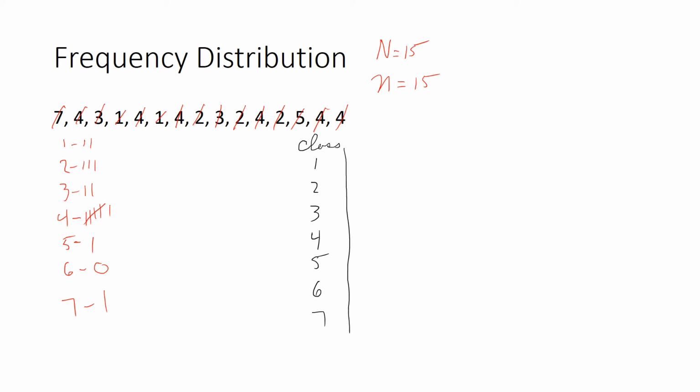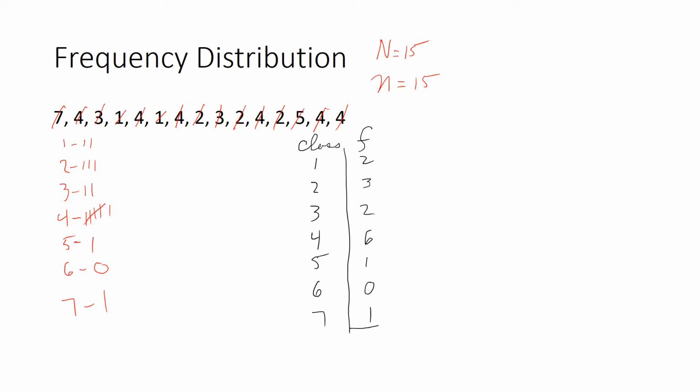And the next column is going to be the frequency. We indicate frequency by an F. As basic as this seems, we want to convert the stroke count into the frequency column. So for 1, we have 2 of those, for 2, we have 3 of those, for 3, we have 2 of those, for 4, we have 6 of those, for 5, we have 1 of those, for 6, none of those, and for 7, we have 1 of those.